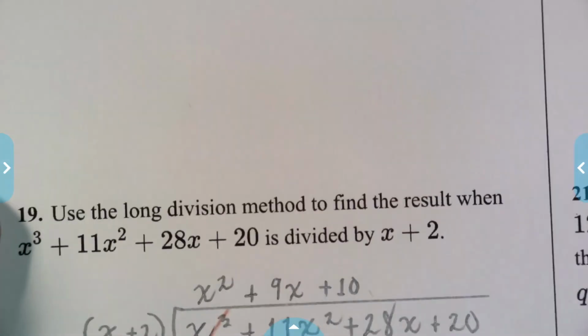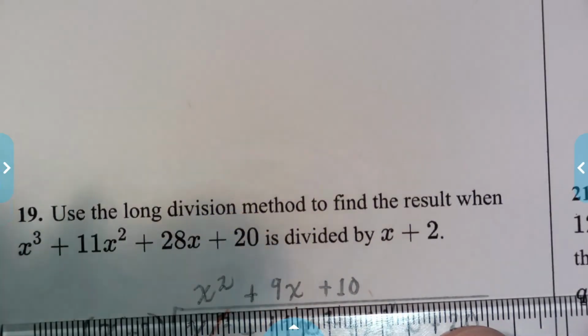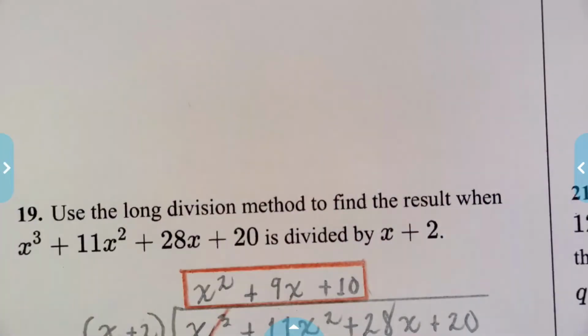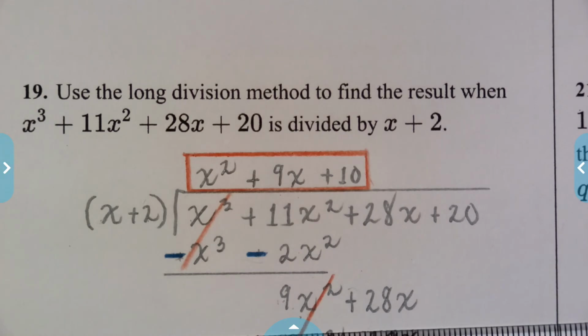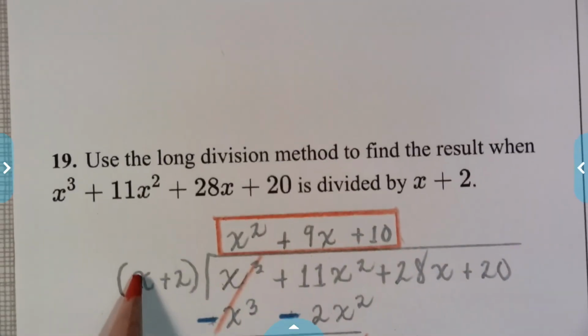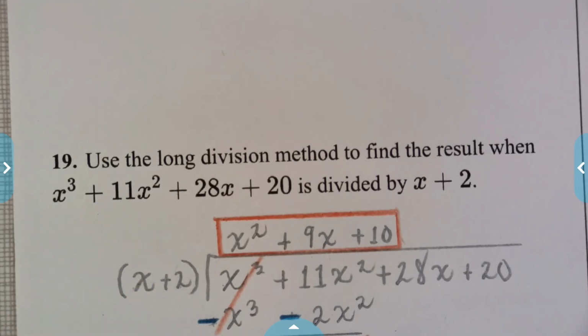Okay. So I know my quotient is finished, and that's my quotient with no remainder. And remainders aren't scary in polynomial division. You just write the remainder over the divisor as a fraction. Not a big deal.